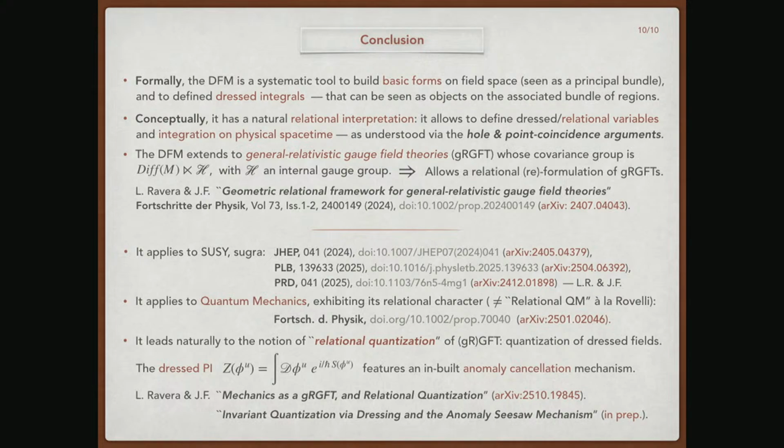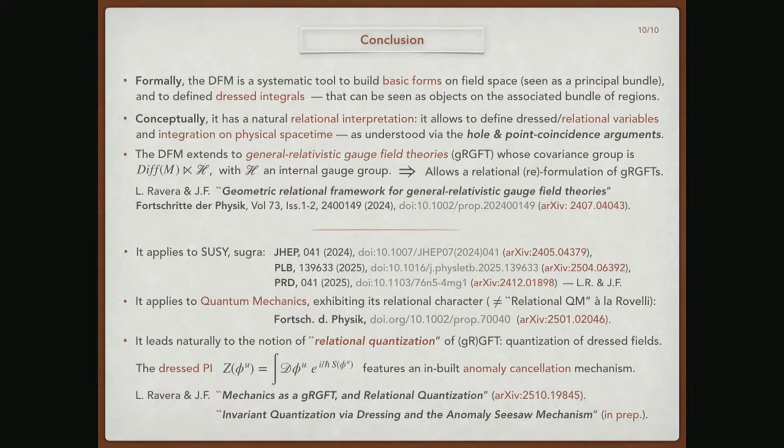And as a special case of this, by the way, funny thing, if you apply this in 1D, you get mechanics, for example. Particle mechanics is a one-dimensional field theory, right? In which you have a clock field, T of tau, and spatial field, X of tau. You get exactly a kind of general relativistic theory for the tau parameter, which is the analog of the manifold M of before. In that case, the dressing would be the clock field. The clock field is a dressing field for the reparametrization symmetry of the T of tau, X of tau formulation of mechanics.